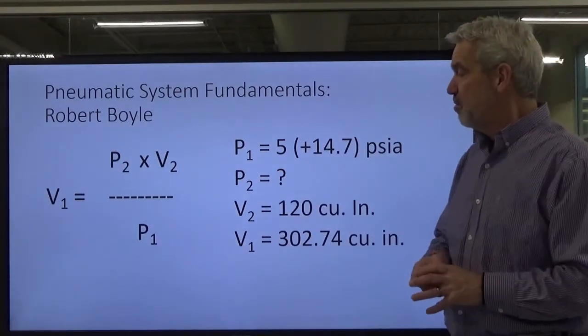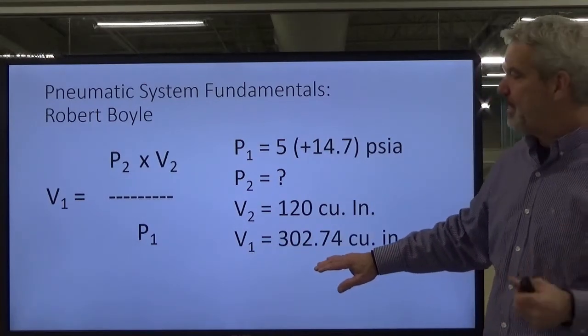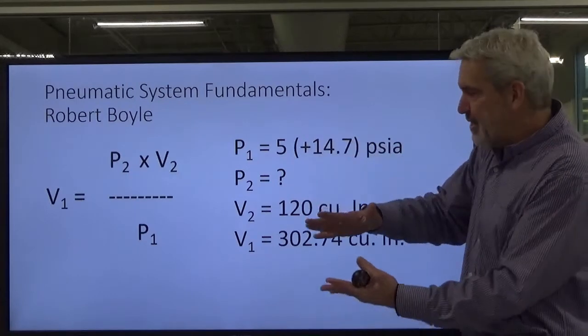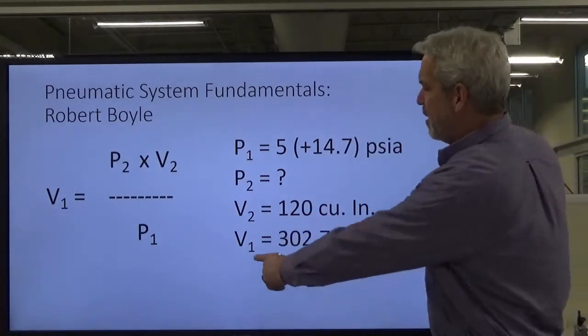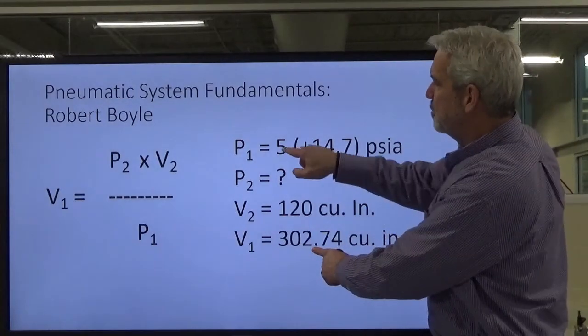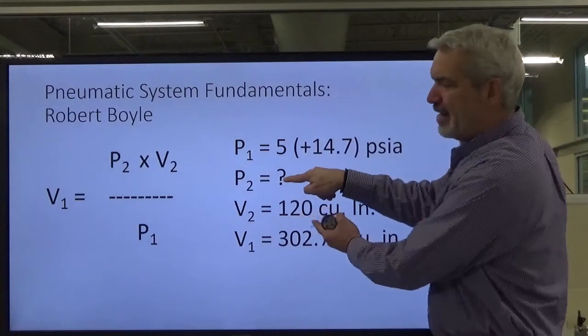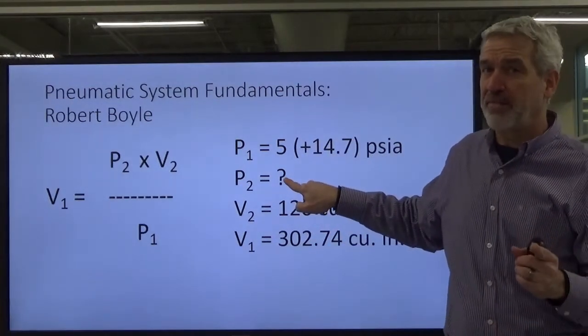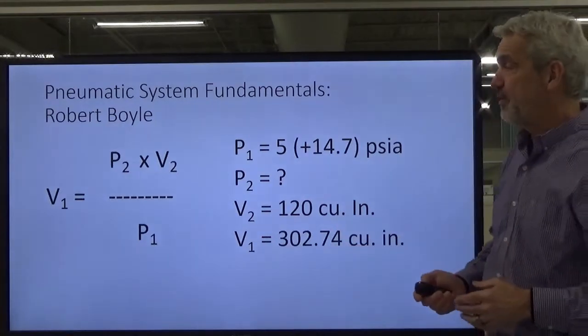So in other words, we're going to start with a volume of 302 cubic inches that we figured out last time, and we're going to squeeze that down to 120 cubic inches, okay? Well, when we've got 302 cubic inches and 5 pounds, we squeeze that volume down to 120, Boyle's Law tells us the pressure should go up, okay? We don't know what it is, okay? So we're going to work our formula and figure this out, all right?